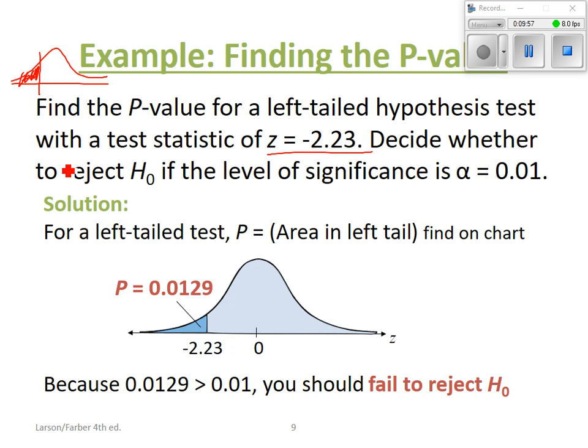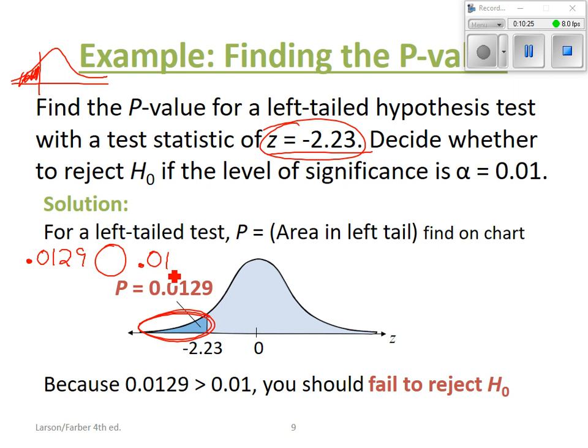We look this up on the chart, negative 2.23, and I go over there and it says 0.0129. That's telling us this area right here. So we use that z value, we look that up. That's our P, 0.0129. We're comparing that to our alpha, which they told us is 0.01.